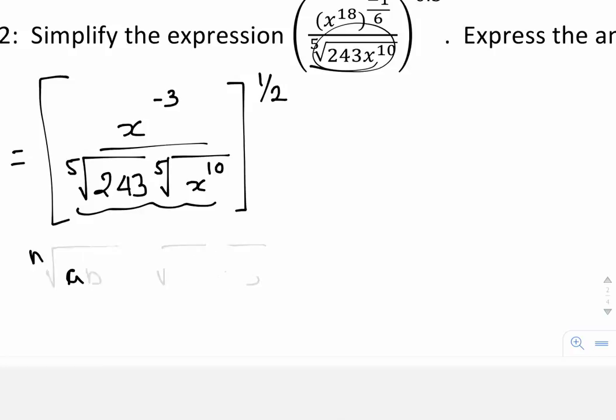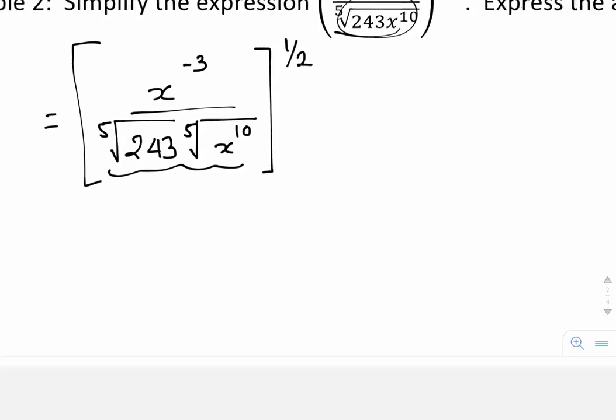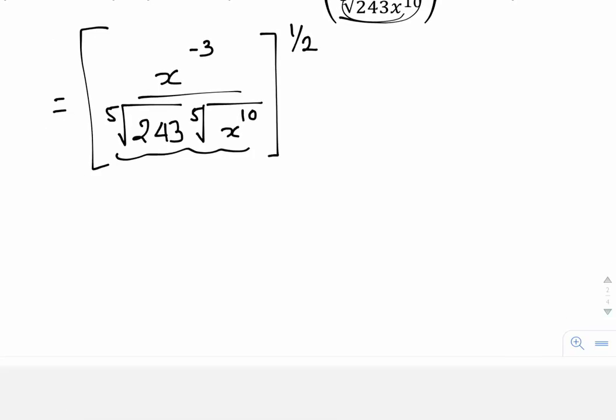So let's get rid of that, and let's do some evaluation here. My numerator I'm going to leave as is for now. So I have x to the negative 3. And my denominator, the 5th root of 243 is going to be 3. And the 5th root of x to the 10 is going to give me x squared.